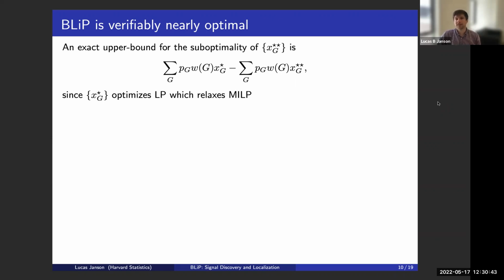So if we look at the difference between the objective function values for xg star and xg star star, this is mathematically exactly an upper bound for the suboptimality gap of xg star star. If this is small, we know we're not far off from the true optimum of the original mixed integer linear program.